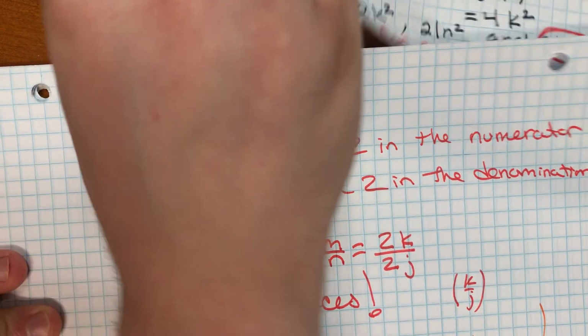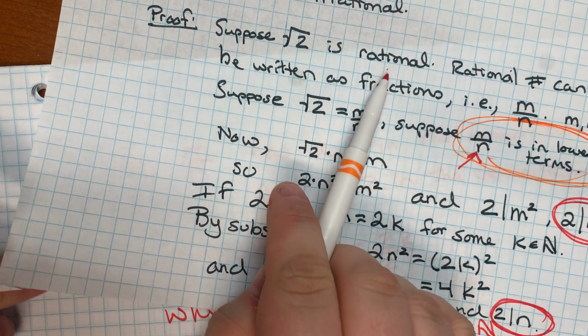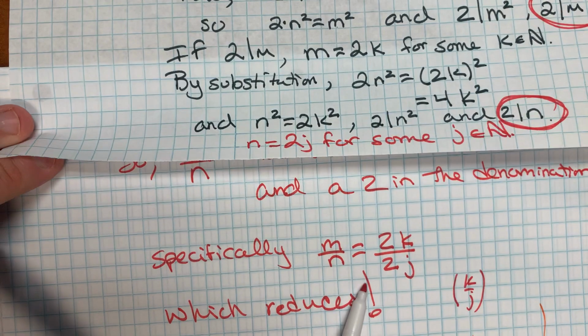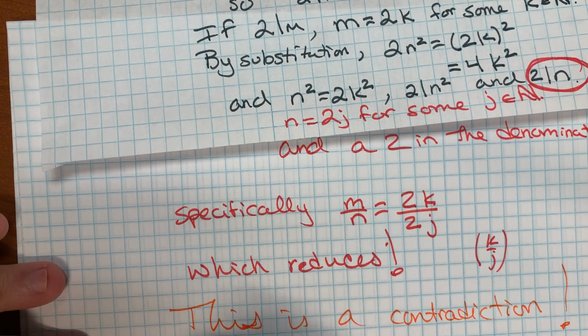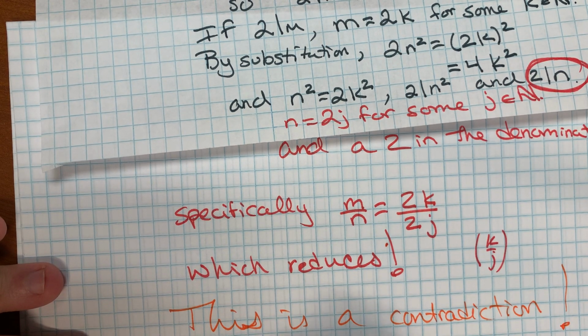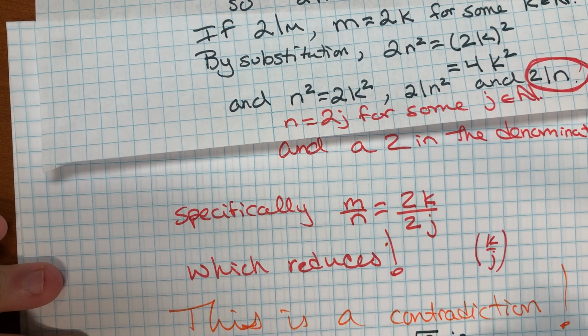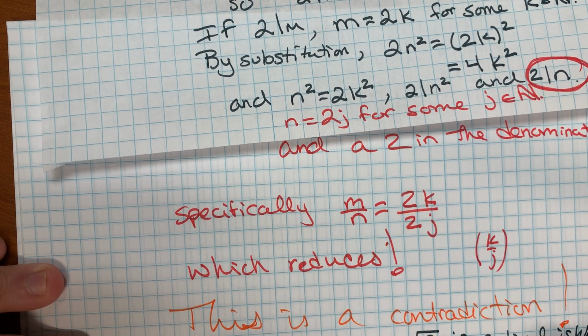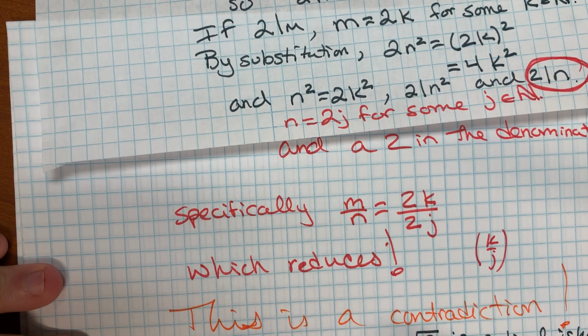So since assuming it was rational led us to both it being in lowest terms and not in lowest terms, this is a contradiction. So our supposition that the square root of 2 is rational is wrong, and the square root of 2 must be irrational.